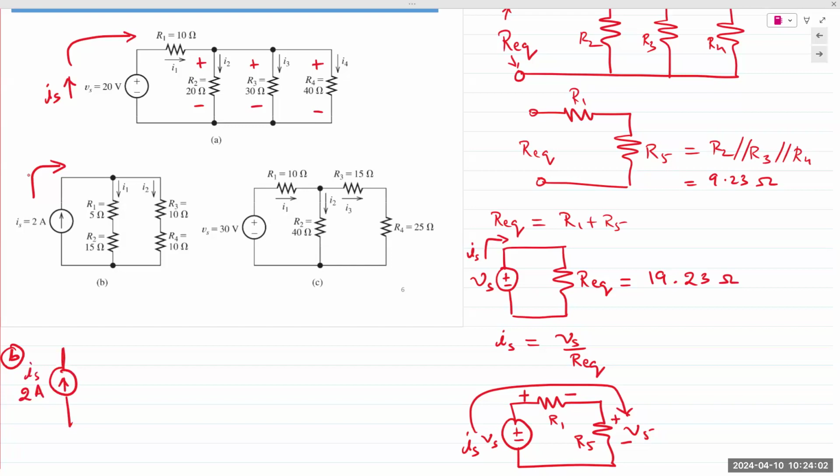IS goes down 2 branches. Both branches have resistors in series. I will call these, let's see, R1, 2, 3, 4. So let's call this R5. Let's call this R6. Both R5 and R6 are equal to 20 ohms.